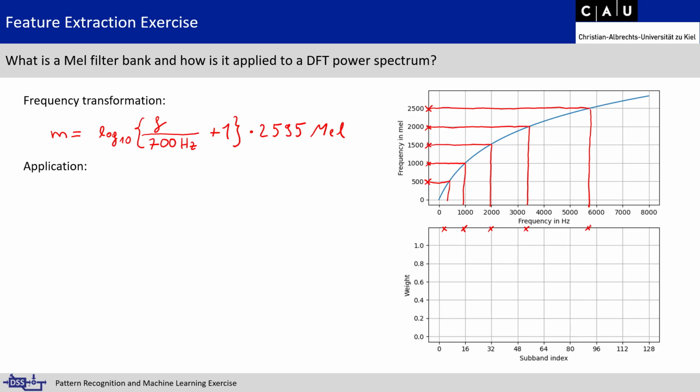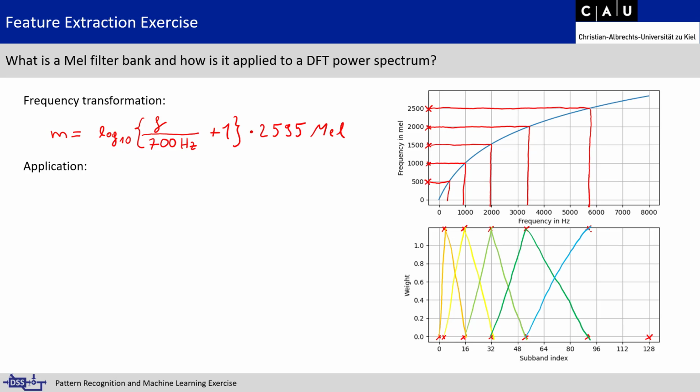So I copy all those down here as well, and then I can connect those points. If I start with the first subband, let's do that in orange, this triangle will be the filter for my first subband. Then the next, in yellow, is the second subband. Then in light green, the third subband, dark green, the fourth subband, and the last subband is blue.